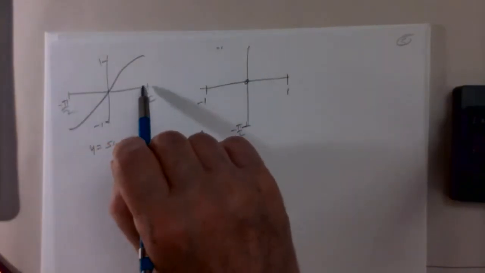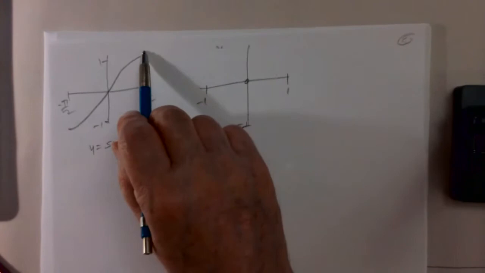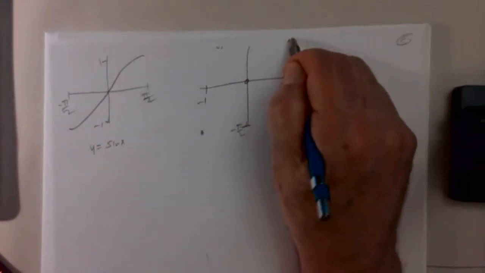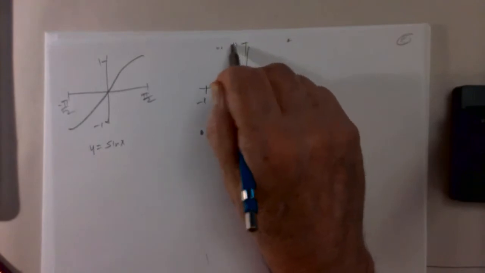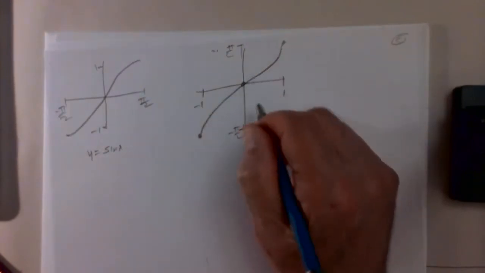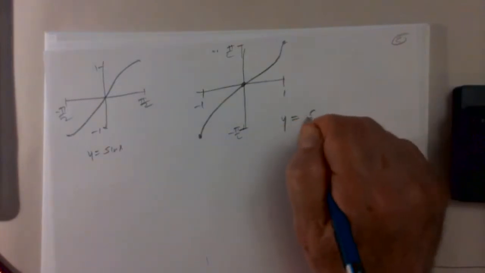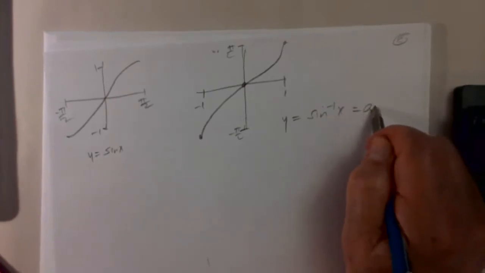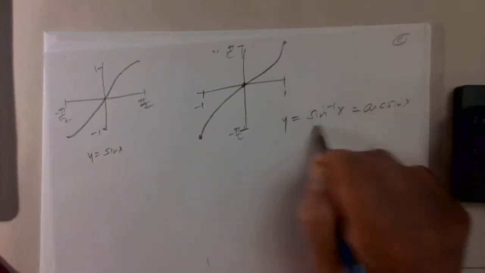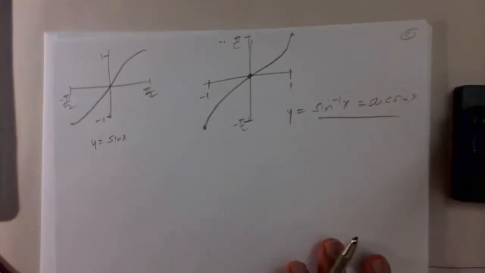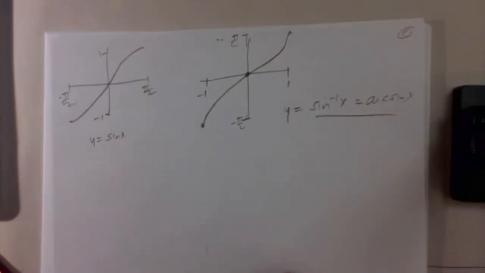When the sine of pi over 2 is 1, so the inverse function of 1 is pi over 2. And this is the graph of y equals the inverse sine of x, which we also write as arcsine of x. There are two different notations that we use. This is the graph of the inverse sine of x.